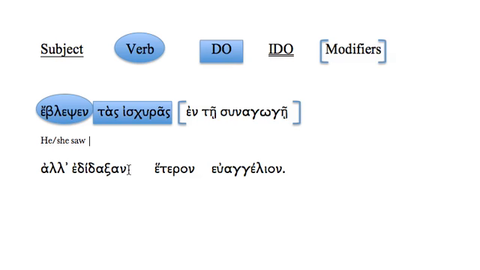Notice that with the alpha sigma ending, which is characteristic of the pure alpha endings of the first declension. So we can say he or she saw the strong women, and then finishing off the clause, in te synagoge, in the synagogue.